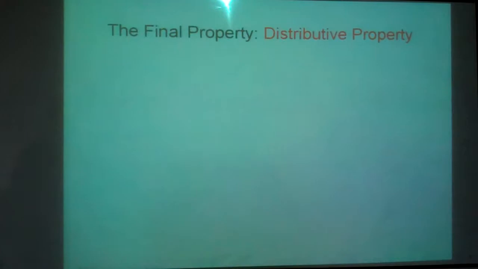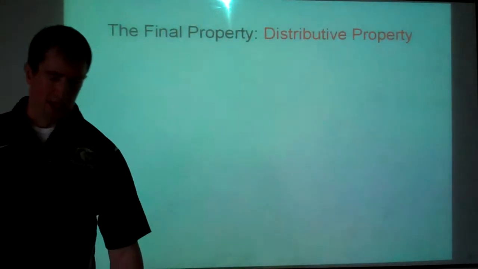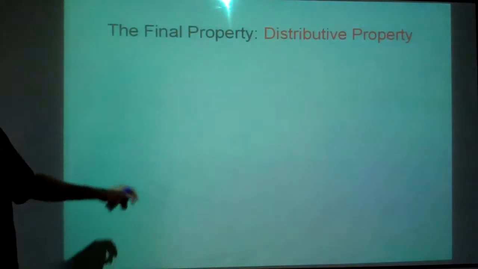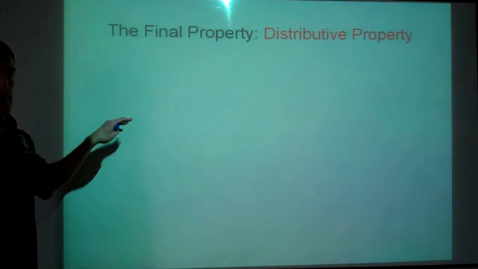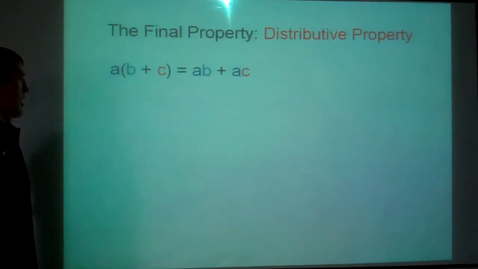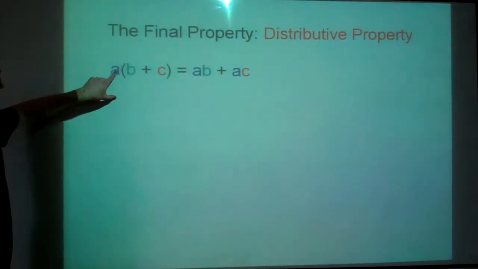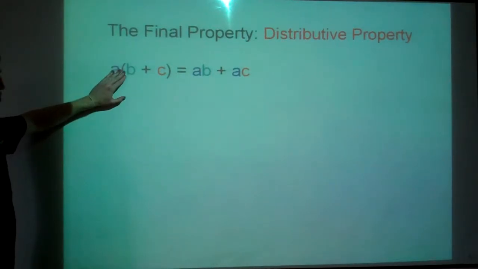The final property is the distributive property. This is the one that we introduced later. We didn't learn this very early in the year. This is fairly new. Okay, this is what it looks like algebraically. And the reason it's called the distributive property is because whenever we have a number next to a parenthesis, we know we're multiplying.